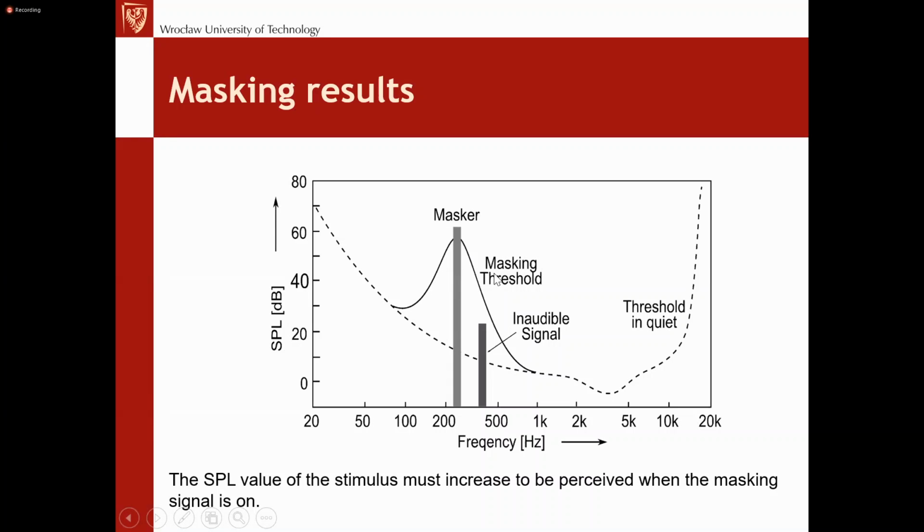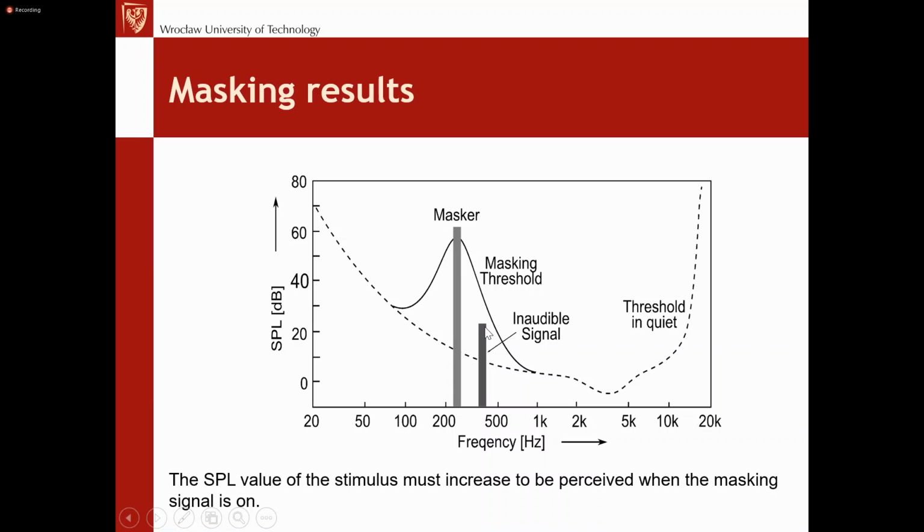More precisely, it should be the masking hearing threshold, because the hearing threshold normally, without masking, is presented here in the dashed line, and the masking hearing threshold is a new hearing threshold in the case of the presence of the masker.